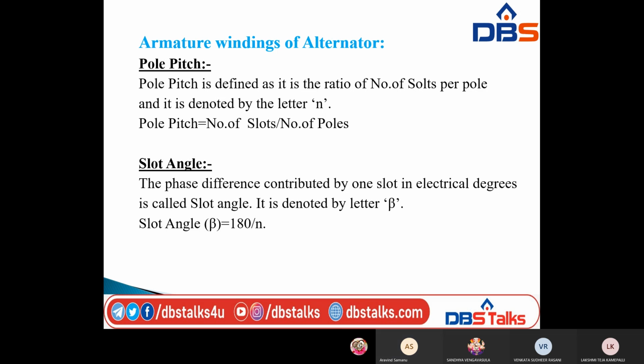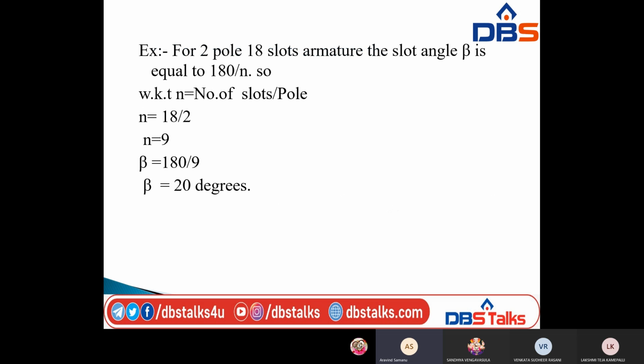Next one. Here I am taking one example, for a two pole 18 slots armature. The poles are 2 and the armature slots are 18. The slot angle beta is equal to 180 by N, and we have to calculate N, that is the number of slots per pole.